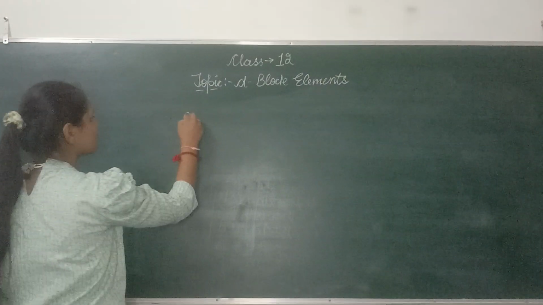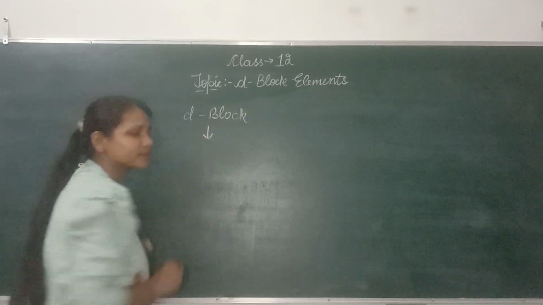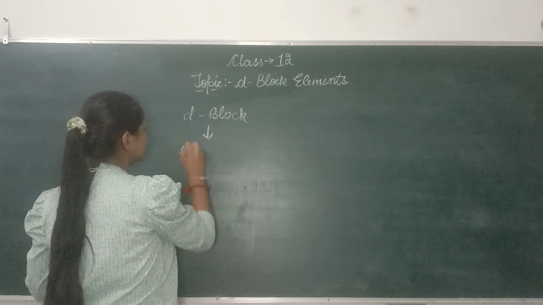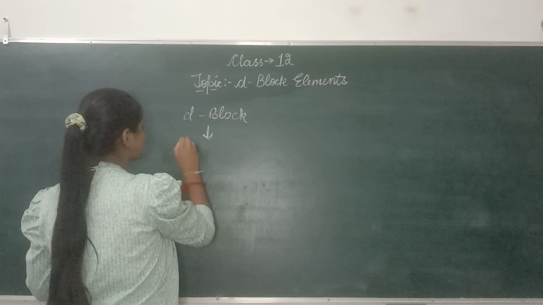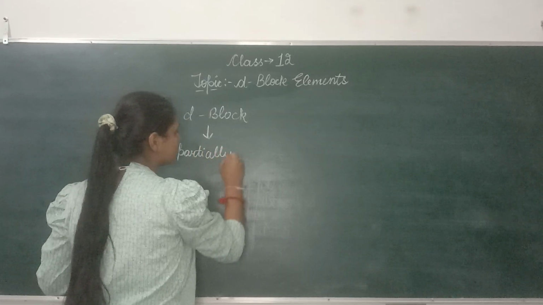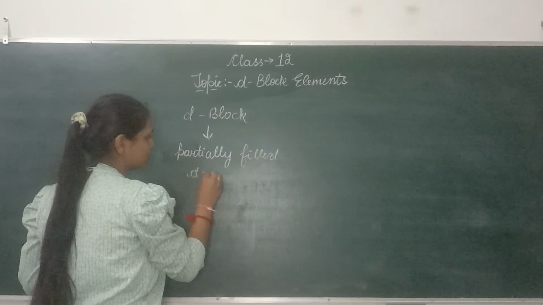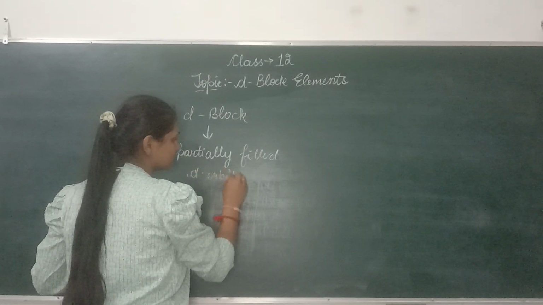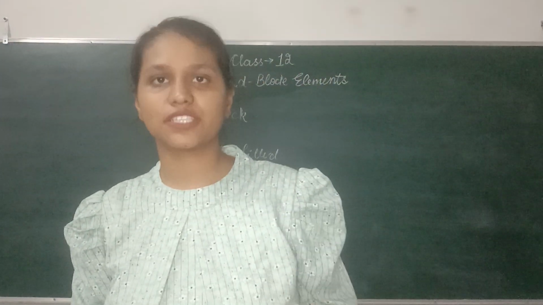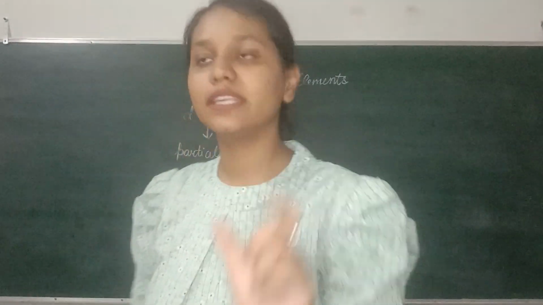D block elements are said to be transition elements. The D block includes empty or partially filled d orbitals. Due to the presence of the partial filling, some unpaired electrons are present in the D block.